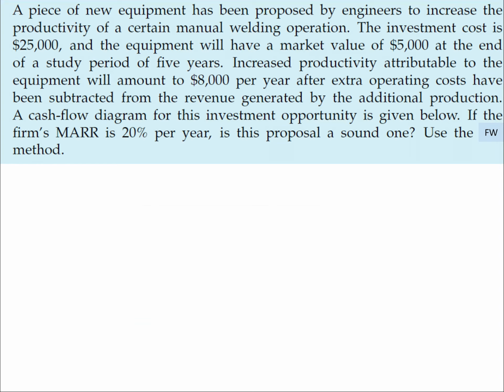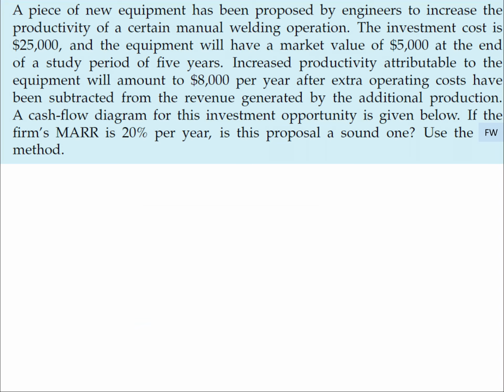So a piece of new equipment has been proposed by engineers to increase the productivity of a certain manual welding operation. So we're going to decide if we want to buy this new equipment or not. Okay, and we know that the investment cost. So at present, you need to pay 25,000 to buy this equipment.